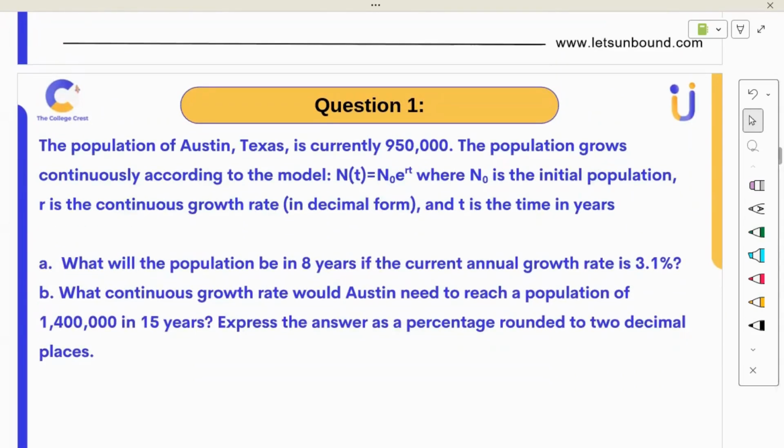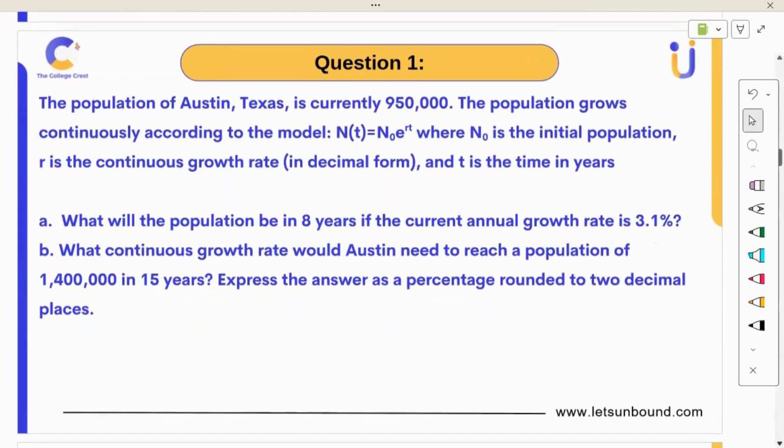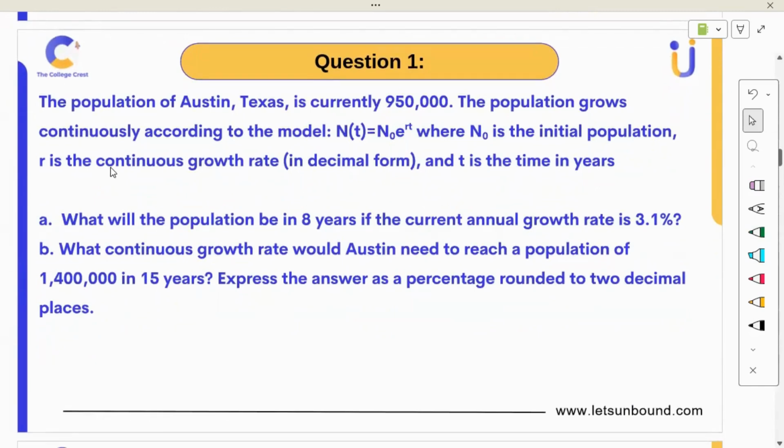Let's see the situation, context, and data of logarithmic function. The population of Austin, Texas is currently 950,000. The population grows continuously according to the model N of t equals N naught e to the power r t, where N naught is the initial population, r is the continuous growth rate in decimal form, and t is time in years.